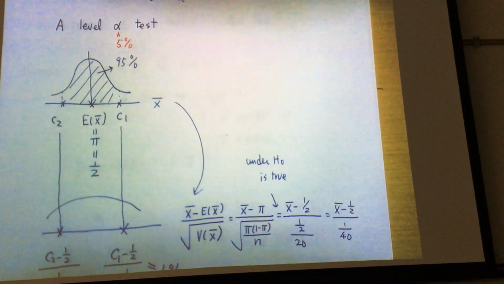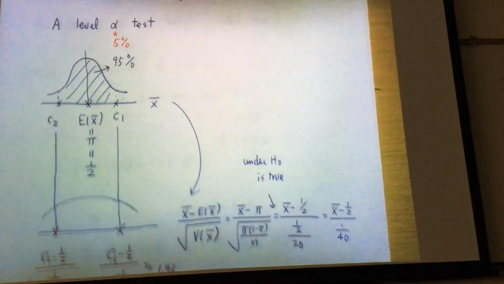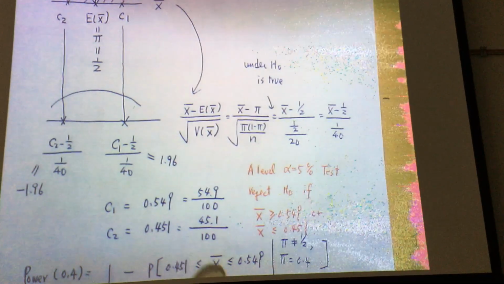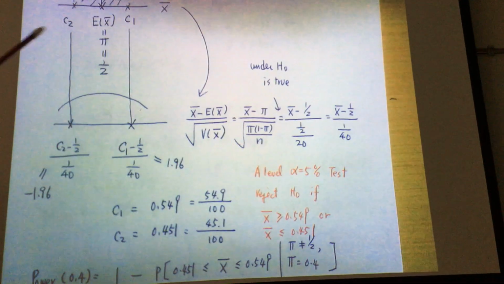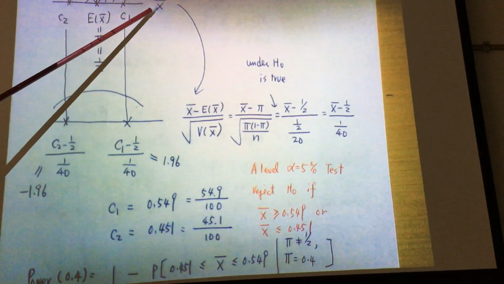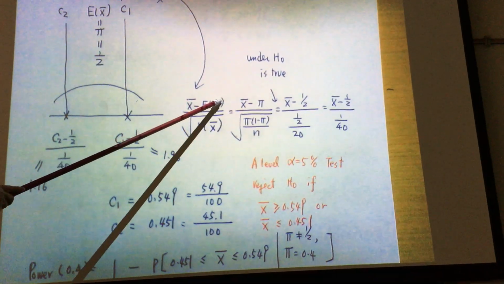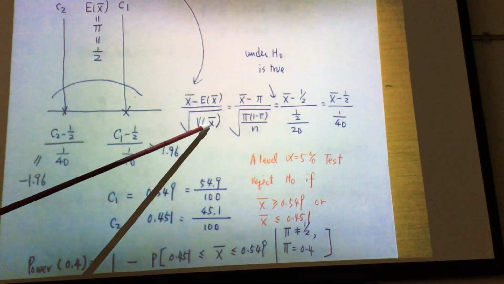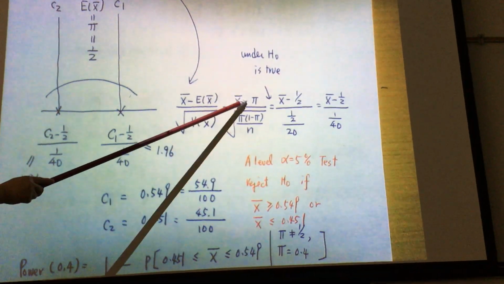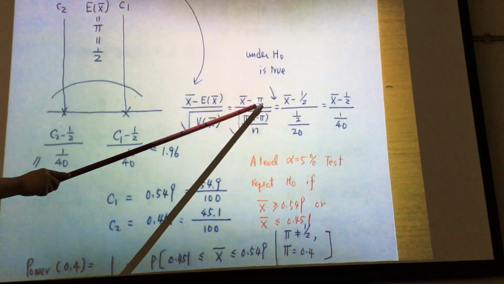Now, I want to find how big is C1, how small is C2, okay? And how can we do that? Well, just like before, we need to standardize X bar. X bar minus EX bar divided by the standard deviation of X bar. EX bar is pi, because XK follows Bernoulli.